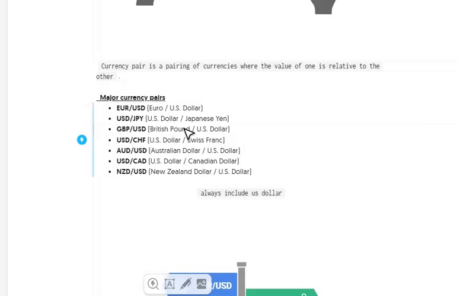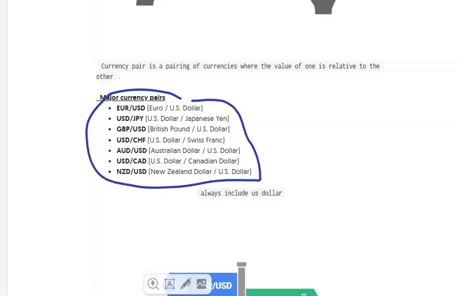Now, the major currency pairs, if you look at these images that I've uploaded here, these are examples of the major currency pairs. And what do they have in common? If you see, they all have USD as one of the currencies in that pair. As you can see, we have USD here, here, here, and here.